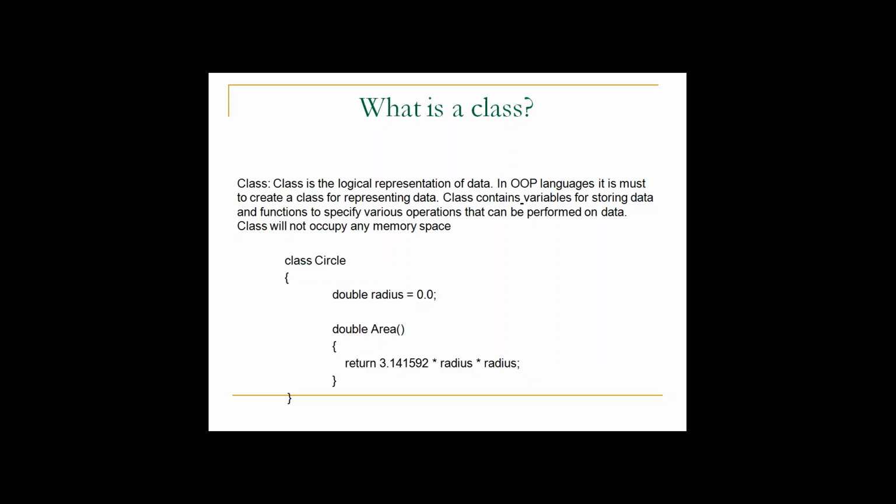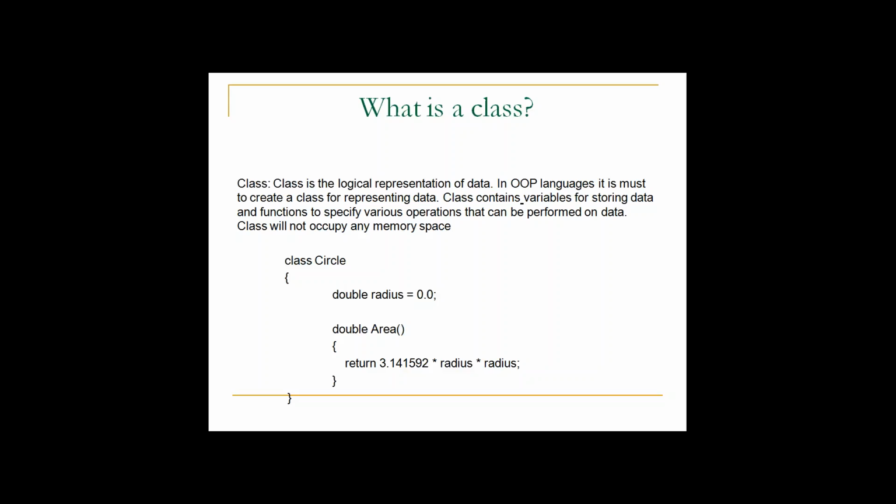And we have something called area defined inside it, and this is a function. Okay, and what is this function executing? This function is executing the statement called return 3.14, which is pi into r square, right? So it is calculating the area. Fine. And is it accepting any parameters?